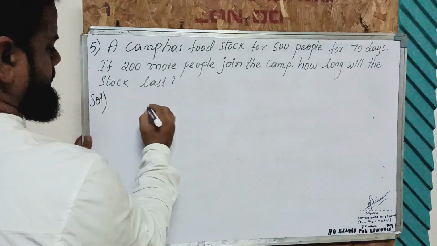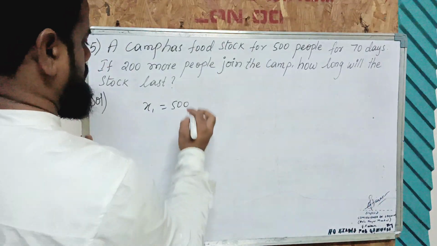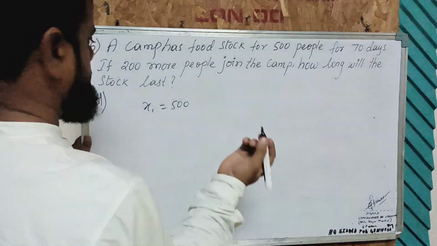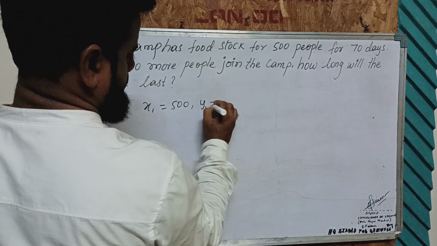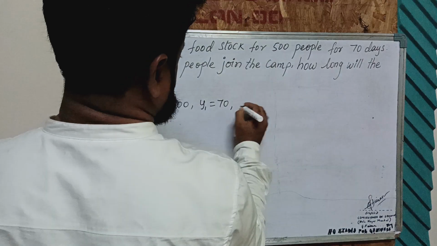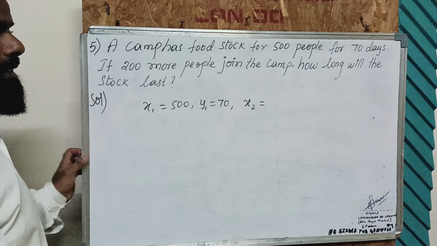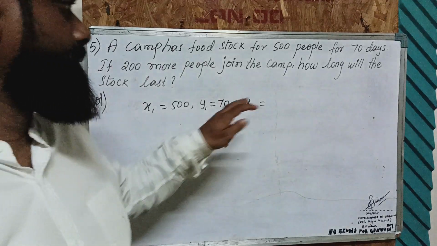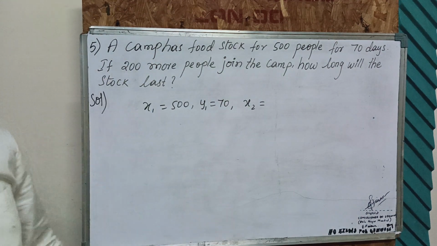So x1 is nothing but 500, y1 is 70, that is 70 days. X2 will be what? X2 is nothing but, initially the number of people was 500, to them 200 more were added.